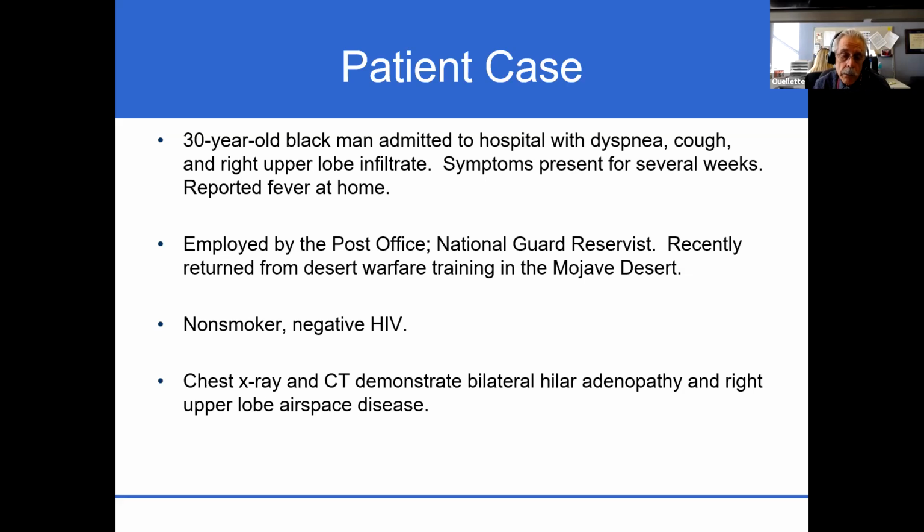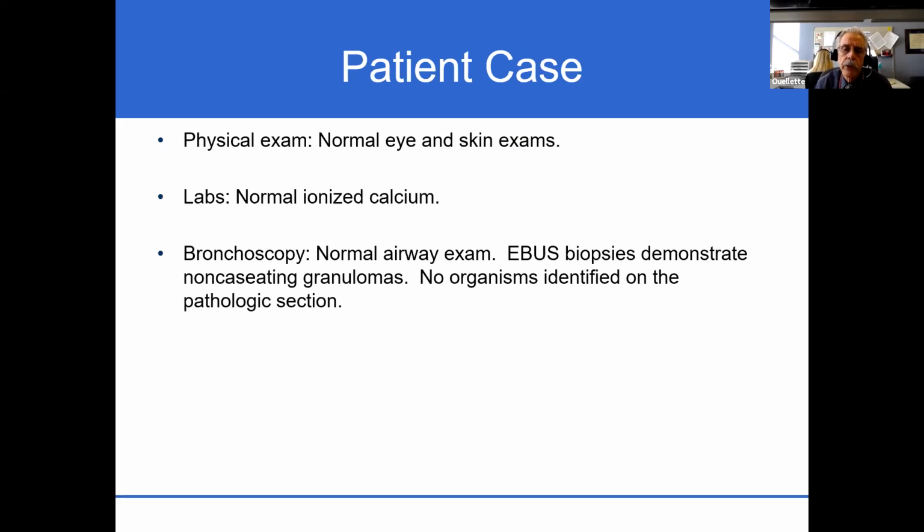He's a non-smoker. He has a negative HIV, and his chest X-ray and CT scan demonstrate bilateral hilar adenopathy and right upper lobe airspace disease. His physical exam is normal. He has a normal ionized calcium level, and on bronchoscopy, he has a normal exam.